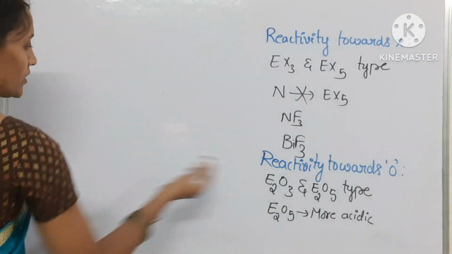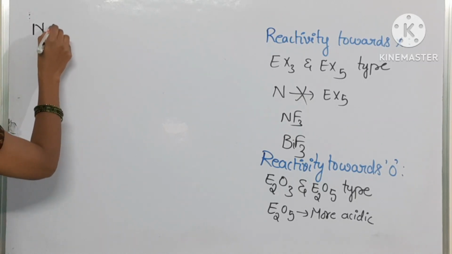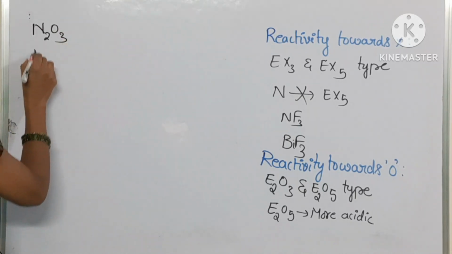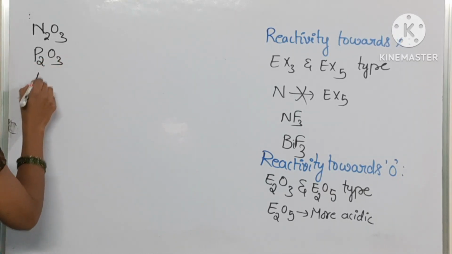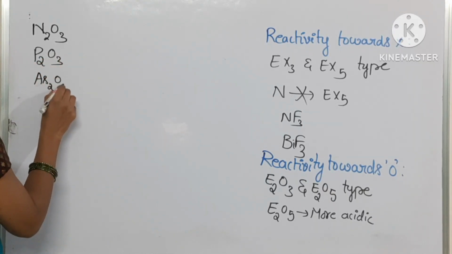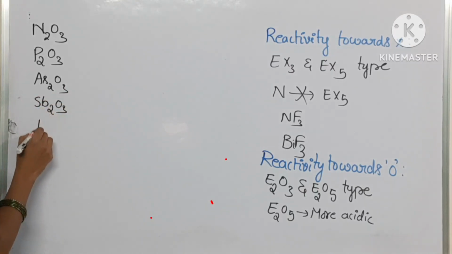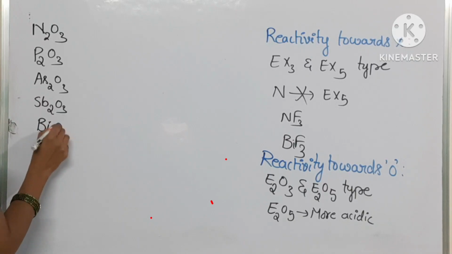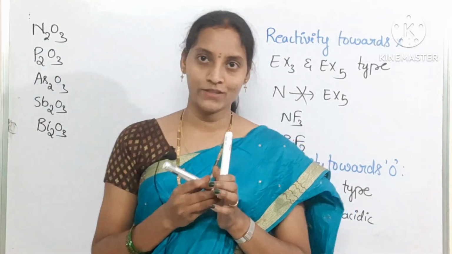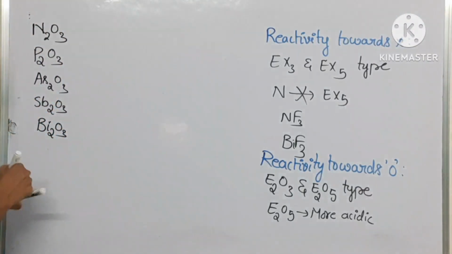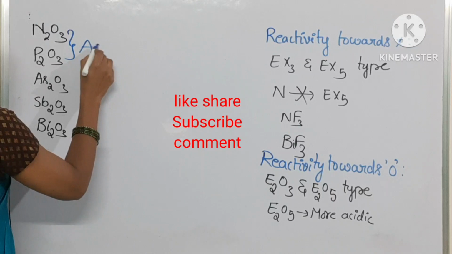Suppose you take E2O3 type oxides: N2O3, P2O3, As2O3, Sb2O3 and Bi2O3. All fifth group trioxides, listen: the first two oxides have acidic nature.